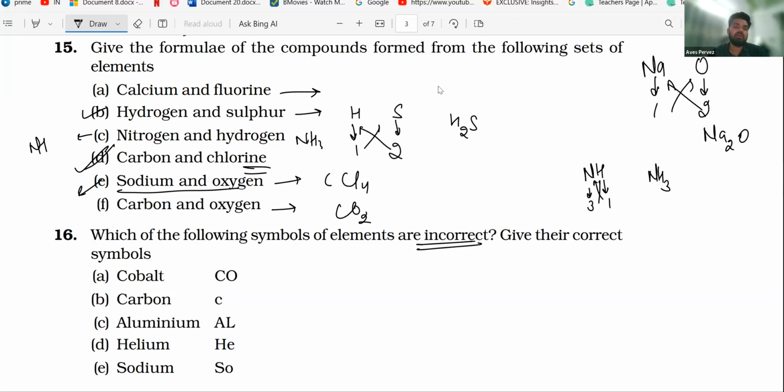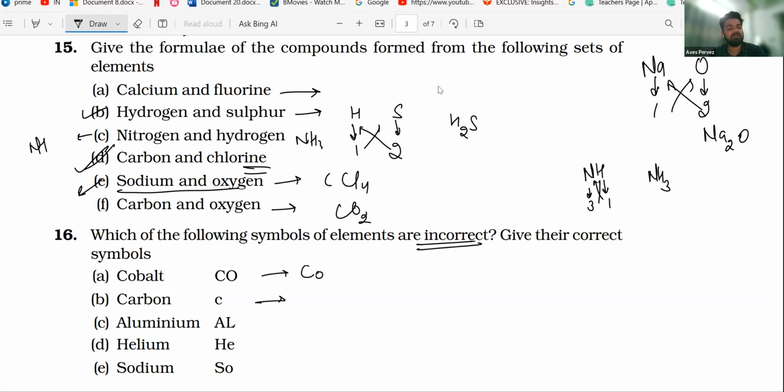Nobody is answering. Rishita, are you there? It's correct. So you don't know the answer. Cobalt is actually Co, but here it is a mistake. Sir, the O should be a small o. Yes, sorry. Okay.